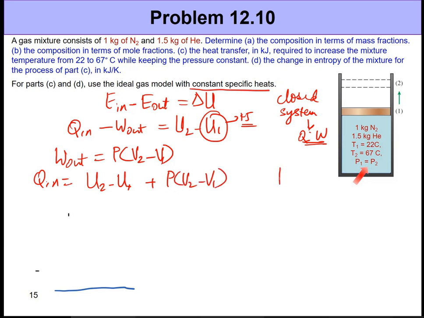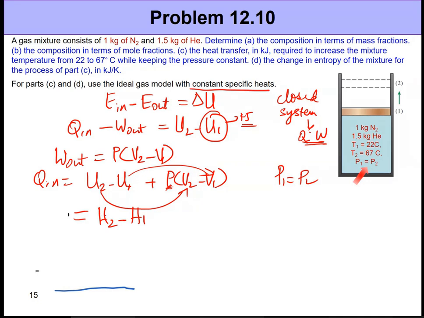Now P1 is equal to P2, so I could write this as P2, or as P1. Now I can combine this U2 plus P2 V2 and minus U1 plus P1 V1 and write it as the change in enthalpy. Again, this is the capital H, the enthalpy in terms of kilojoules.